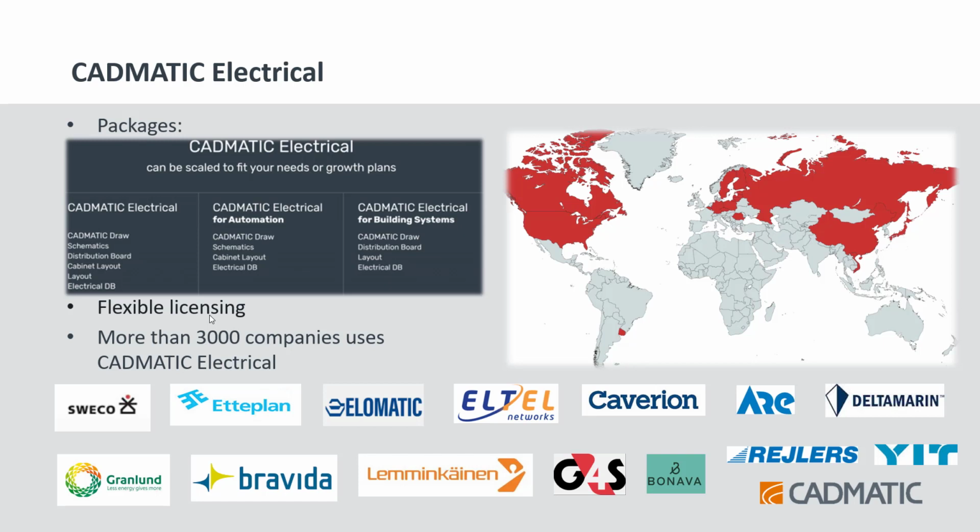And there are more than 3,000 companies that use Cadmatic Electrical, and there are some logos that I have added here, and Cadmatic Electrical is used in the US, in Canada, in North America, in Poland, in the Baltics, in China, in Japan, in different countries around the world.